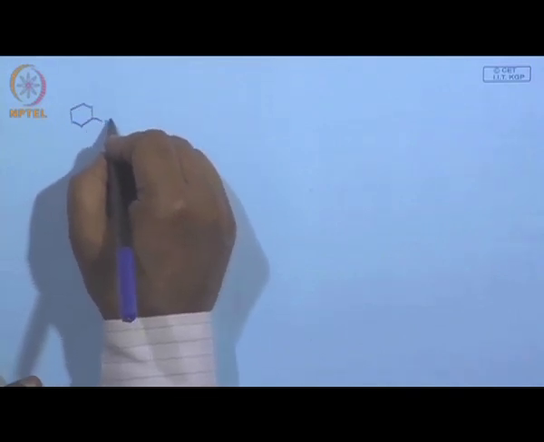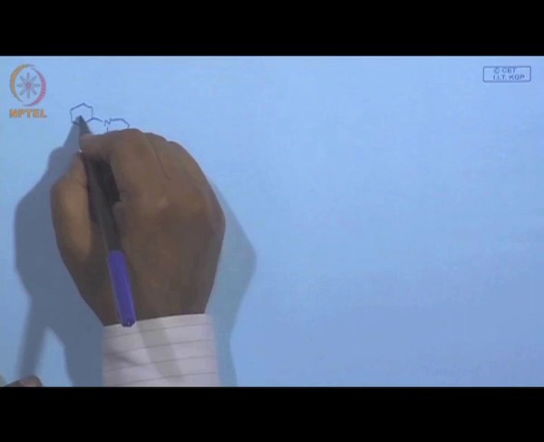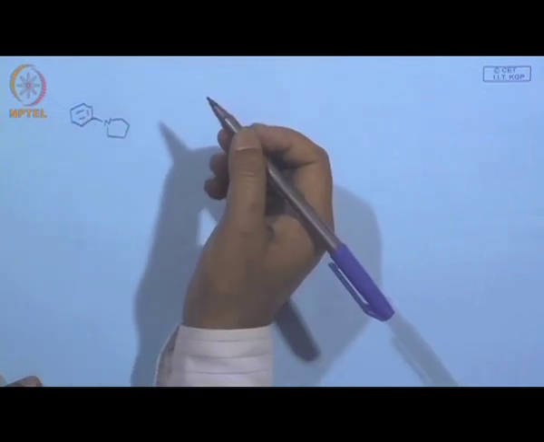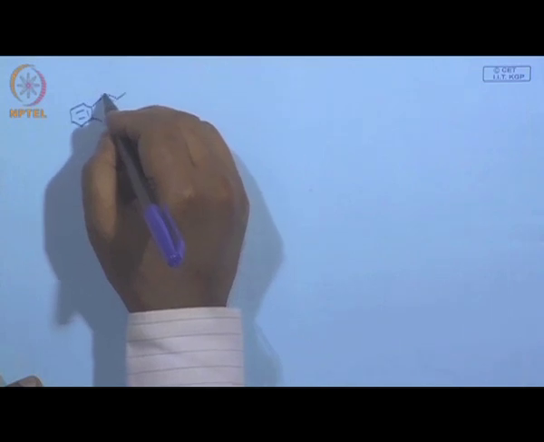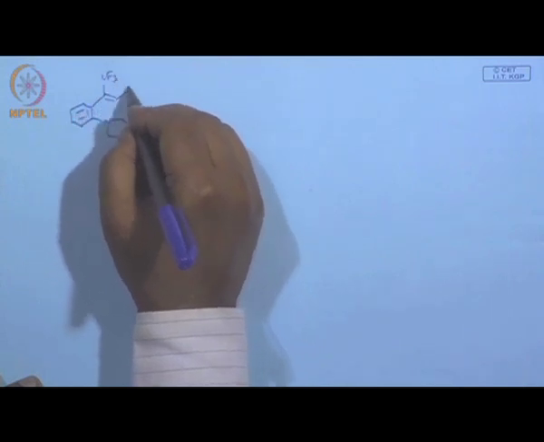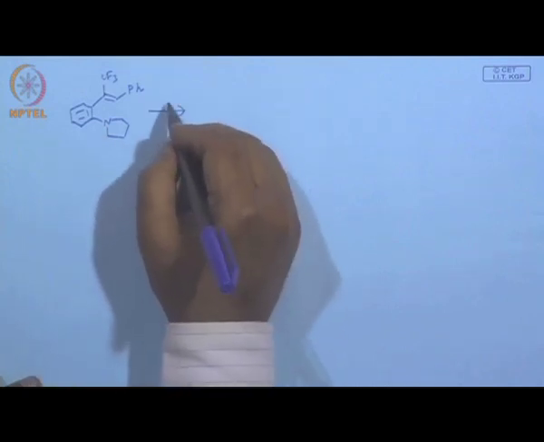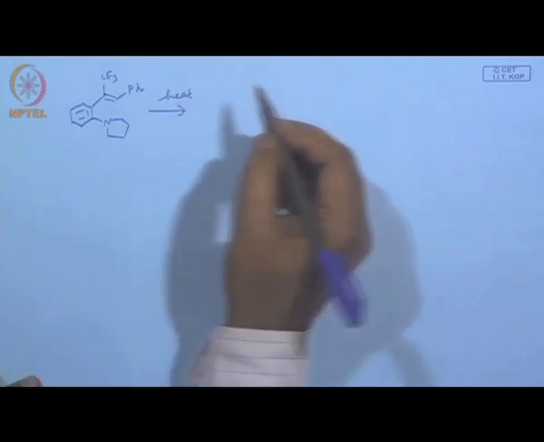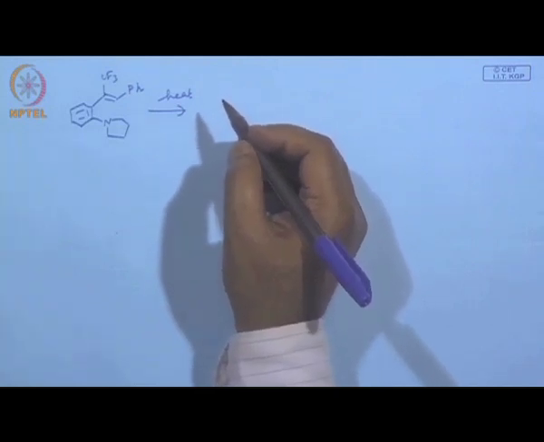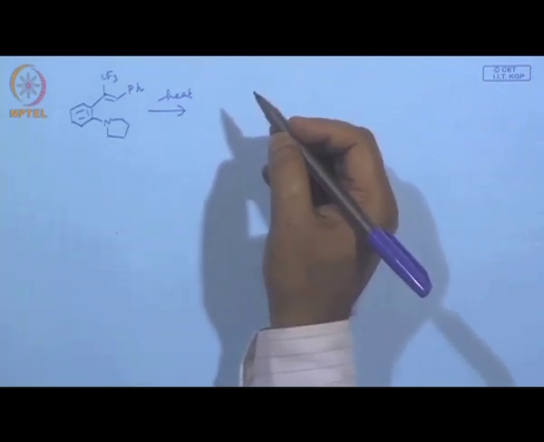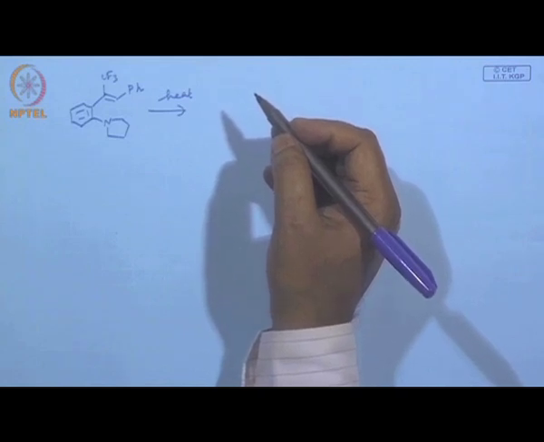Once again, so a pyrrolidine group, and in this case it is a carbon bond. Reaction conditions are the same, heat and a solvent, and so what would you expect?